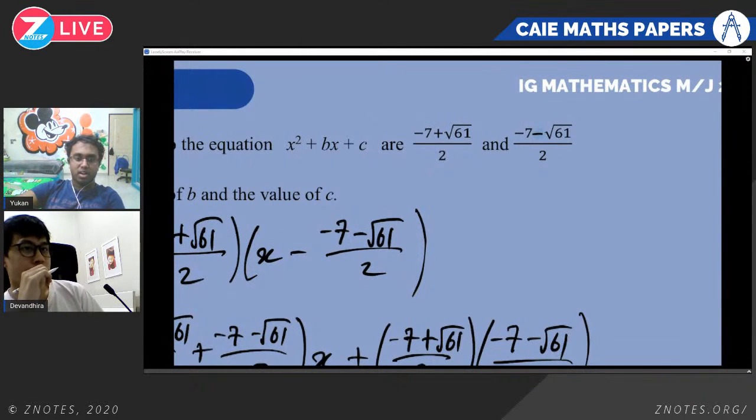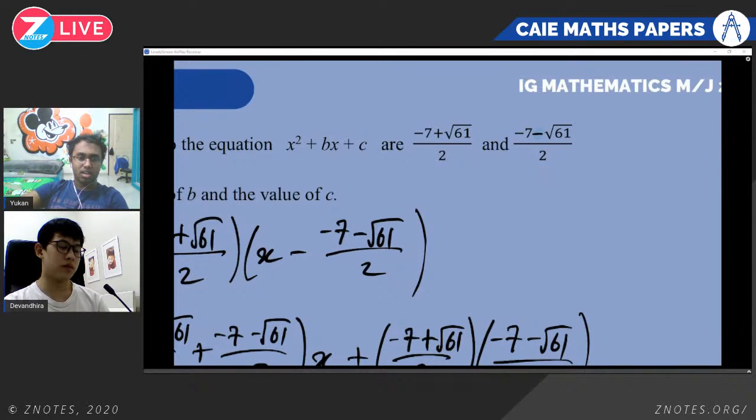From that, you can automatically pull out that -7 must be -b, so b is 7, and then do your b squared minus 4ac equals 61, and then solve for c. Another way you can also do it is take your two roots and add them together, and that would be b, and your two roots multiplied by each other would equal c. That's also another way to do it.